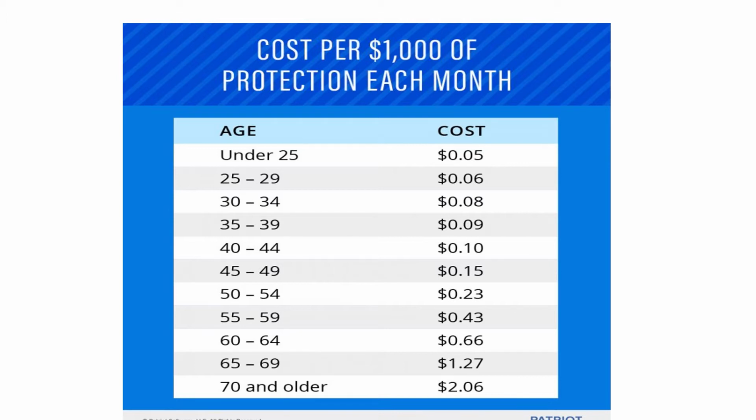So for example, if you are under 25, you want to get this 1,000 face amount, this $1,000 is our unit. You need to pay $0.05 per month. And this 0.05, we call it rate. And you can see here, for life insurance policies, older people need to pay higher insurance premiums, so they have higher rates.